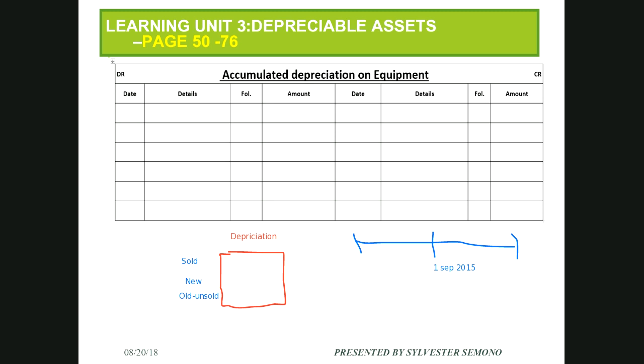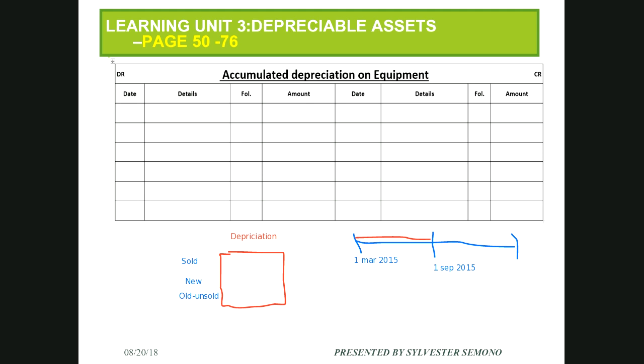Because this asset was there from the beginning to here, how many months was it there for?